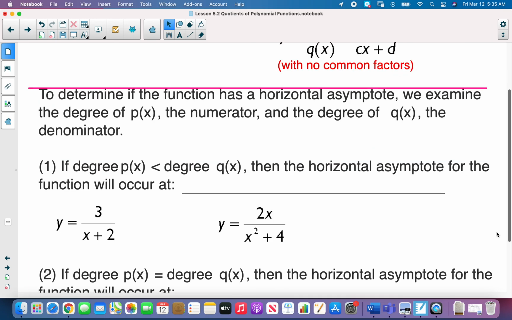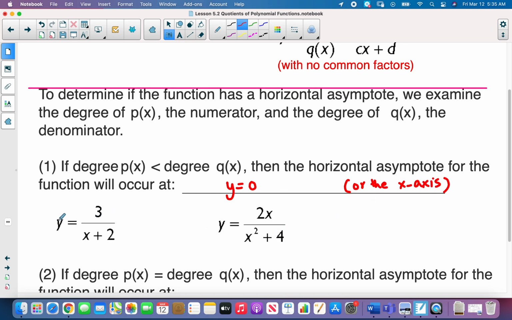If the degree of the numerator p of x is less than the degree of the denominator, then the horizontal asymptote will always occur at y equals 0, which is the x-axis. So these are cases where you will have the horizontal asymptote as y equals 0, because the degree of the numerator here is 0 and the degree here is 1, and here the degree is 1 and the degree here is 2, so again it's y equals 0.